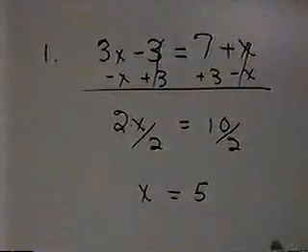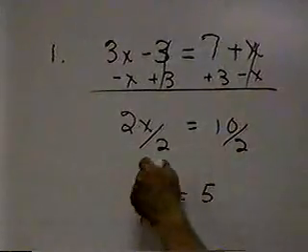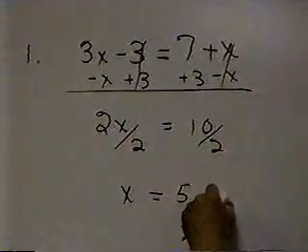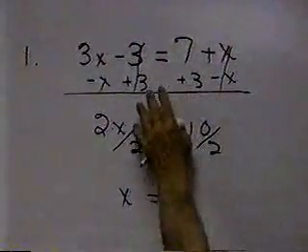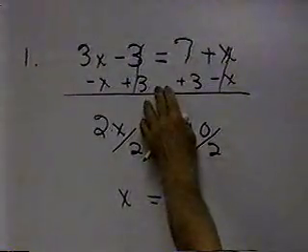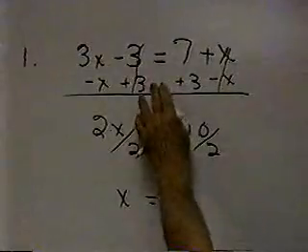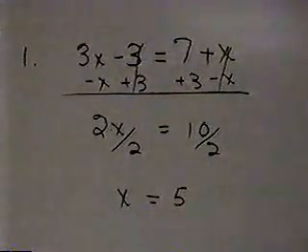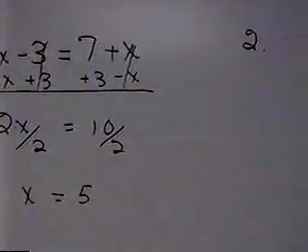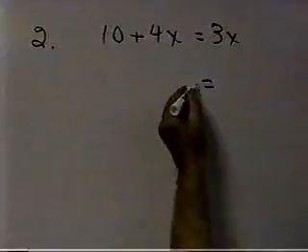Alright, so what I'm saying, just to review the work, is to get all the x's on one side, numbers on the other side, and we move things across the equal sign by doing the opposite operation. All right, let's look at the next example. We're going to get all the x's on one side.